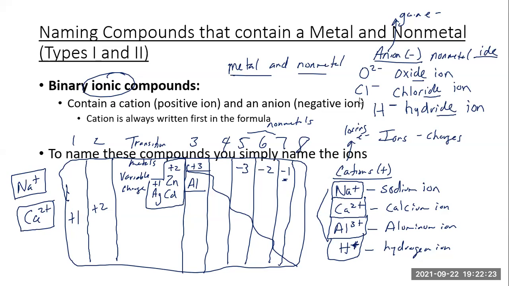Cl is chlorine, group 7, makes a -1 charge. So we drop the last part of chlorine and it becomes chloride. And hydrogen is the only weird one in the sense it can go positive, but it can also be negative in certain cases. That would be the hydride ion in that particular case.